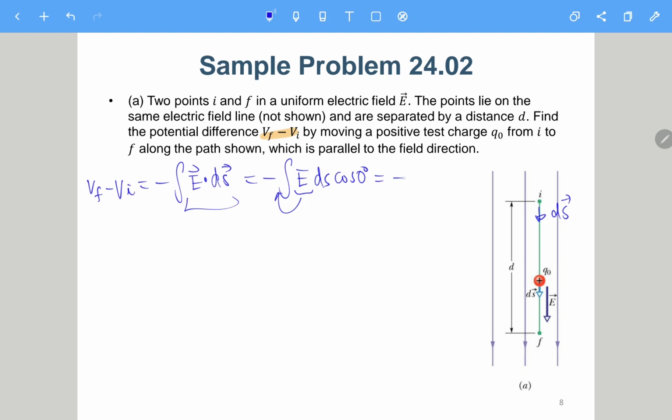So it turns out to be negative E times integration of ds, which is nothing but the length of the path. So this is d, and we get negative E times d. Nothing special, this is pretty straightforward.